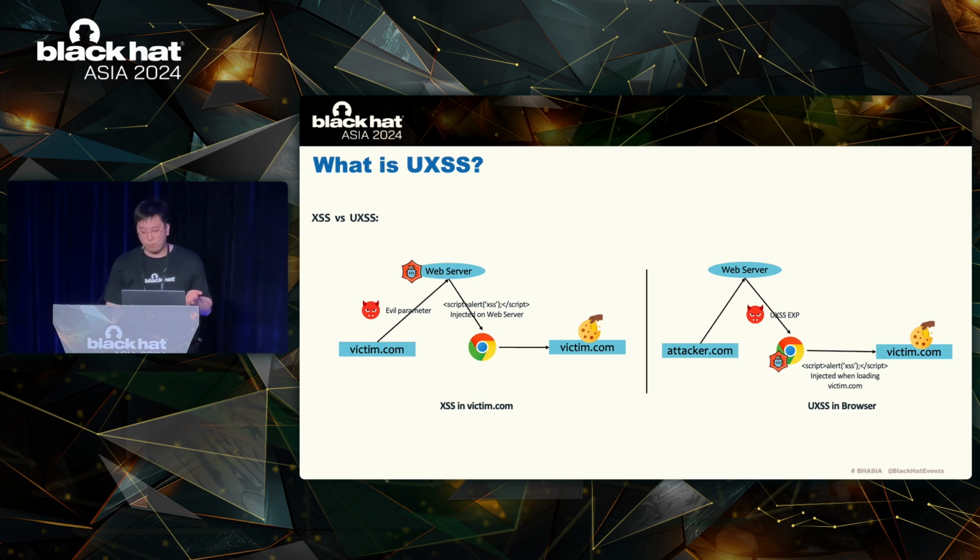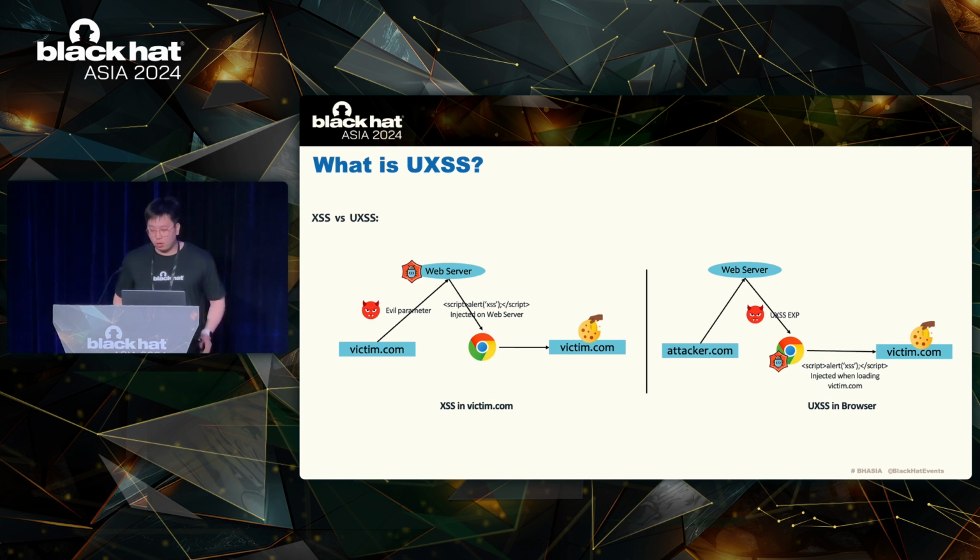This is a simple picture to show the differences between them. When there is a bug in the server code of victim.com here, the attacker tricks the user to load a link containing evil parameters. After that, the XSS payload is injected into the page on the server side.